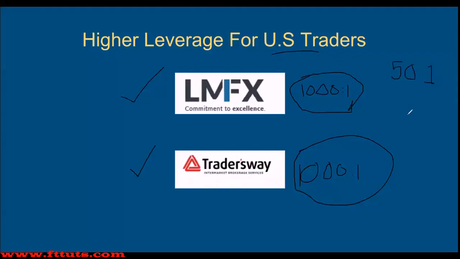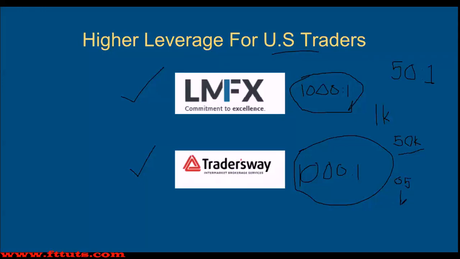So imagine this. If you have a $1,000 account, you only have $50,000 of buying power, meaning that you can only buy 5 mini lots. But then you have no cash left over.